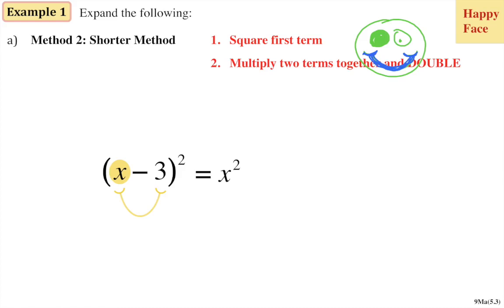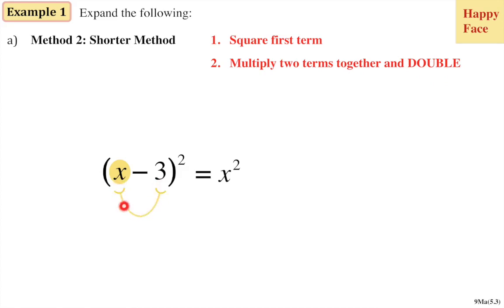Now we're going to multiply. Let's get rid of that smile there and that face so that we can see. We're going to multiply our two terms together and then double it. That's the smile. Double the fun because it's maths. Woohoo! Here we go. With our smile, what is the x times the 3?